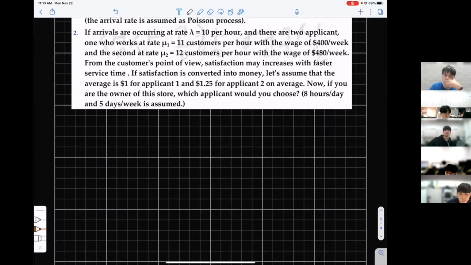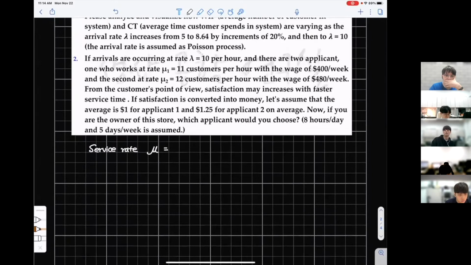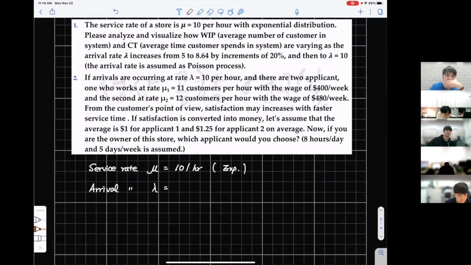So this store has a service rate mu of 10 per hour with the exponential distribution, and the arrival rate lambda is varying from 5, 6, 7.2, 8.64, and 10.